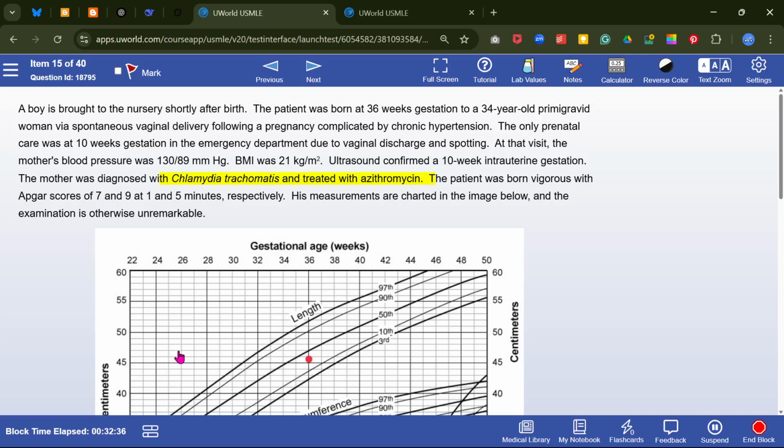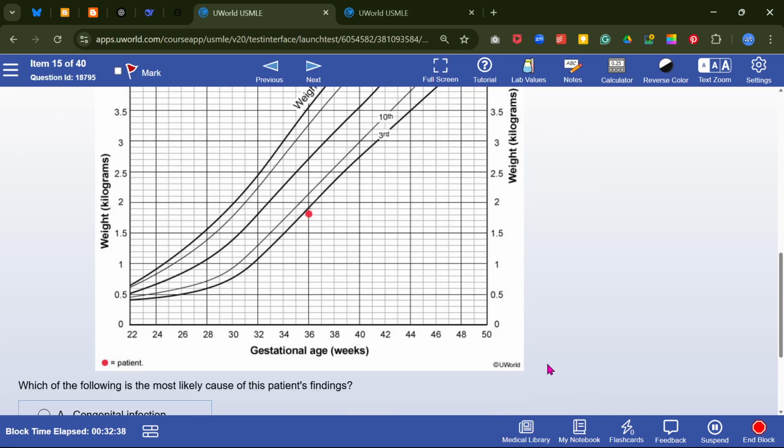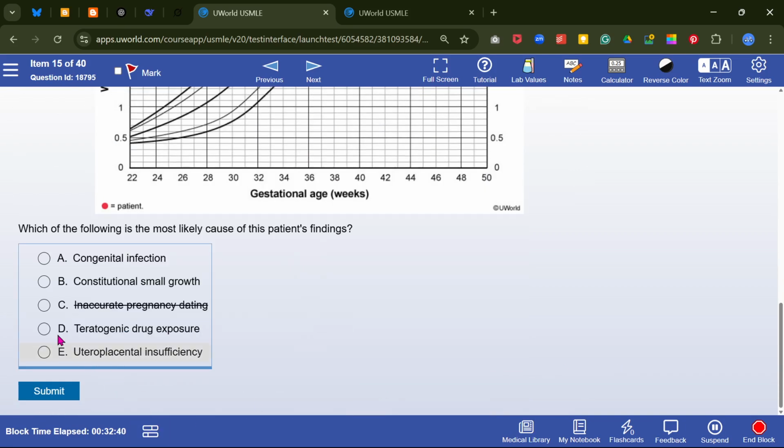She has chronic hypertension. Yes, it could be constitutional or chromosomal.